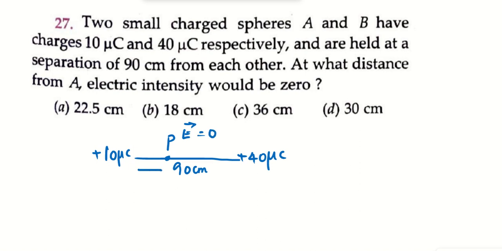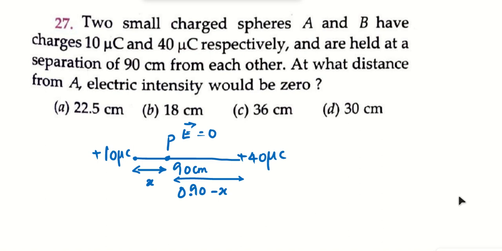So let's take this point at a distance from 10 microcoulomb as x, and the remaining distance as 90 centimeters, which we convert into meters, so it is 0.9 minus x.